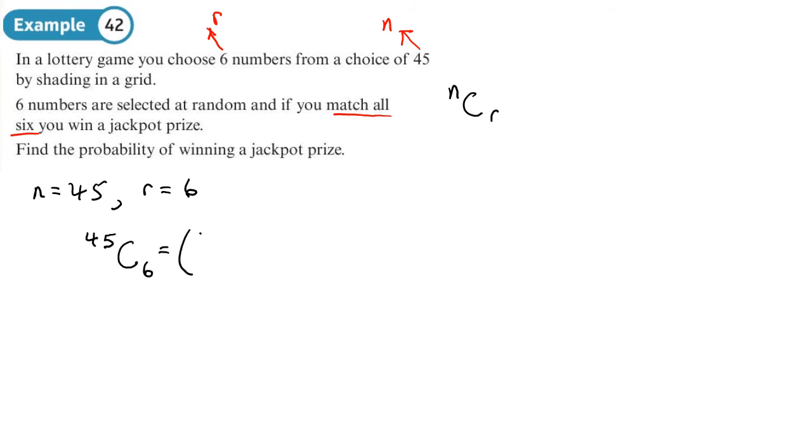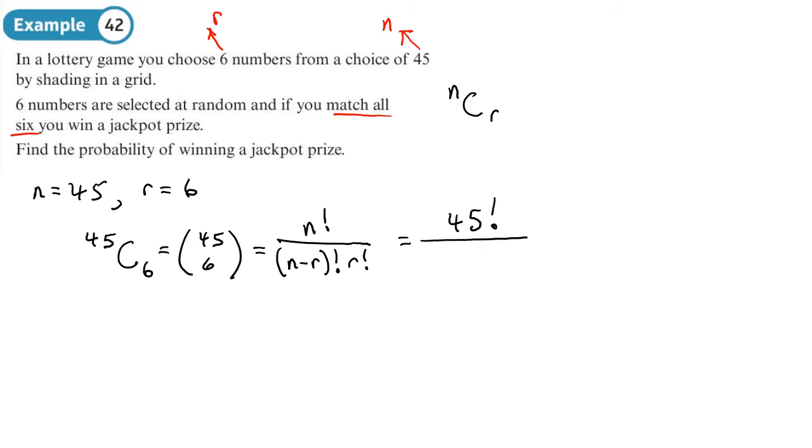Now remember, that could be written as 45 over 6 in brackets, like this. We're going to use our calculator to work it out. But if you're working out manually, that would be n factorial over n minus r factorial. So this bit looks like the permutations bit. Then we add dividing by the r factorial as well. So that will be 45 factorial divided by 45 minus 6 factorial times 6 factorial.